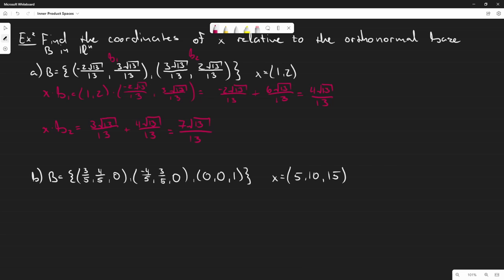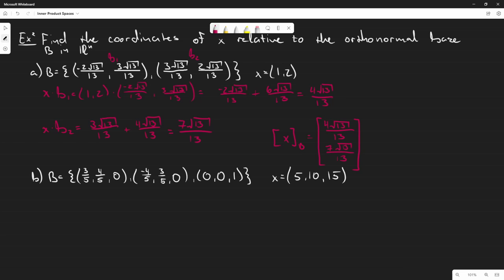And so our coordinate will just be 4 root 13 over 13, and then 7 root 13 over 13. And so that is our answer.